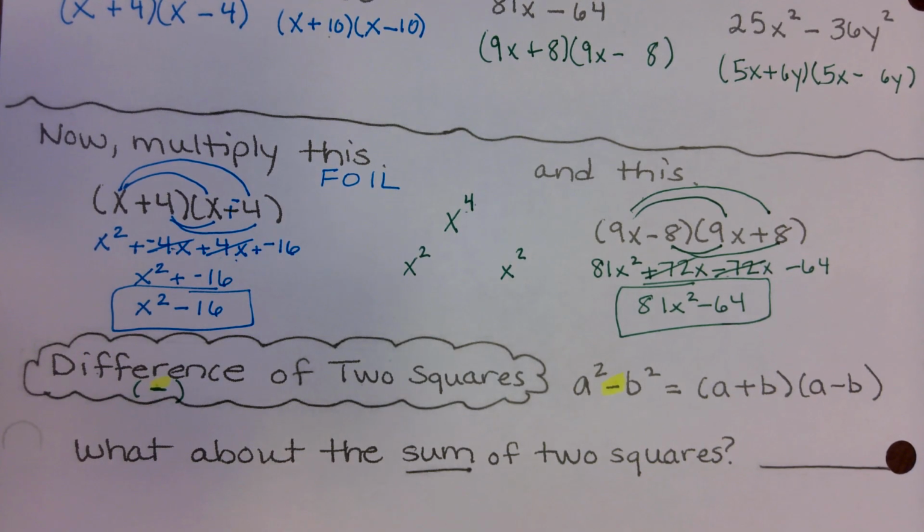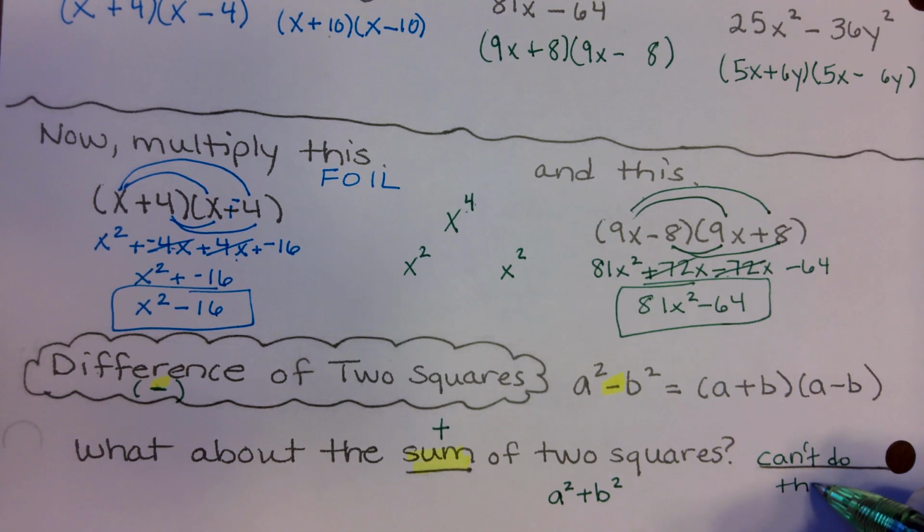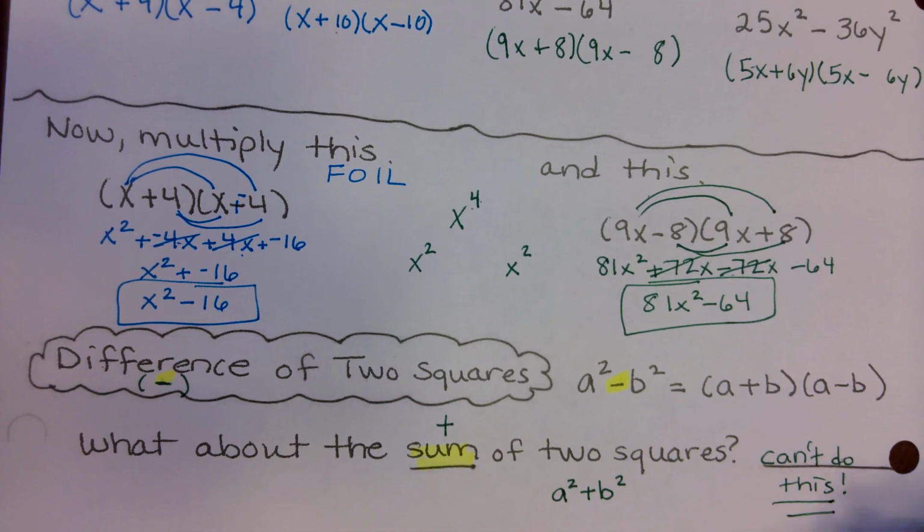Okay? So question here, what about the sum of two squares? Does that work? When you find that you have something where it's adding between them, you can't do this. So you cannot do it this way.